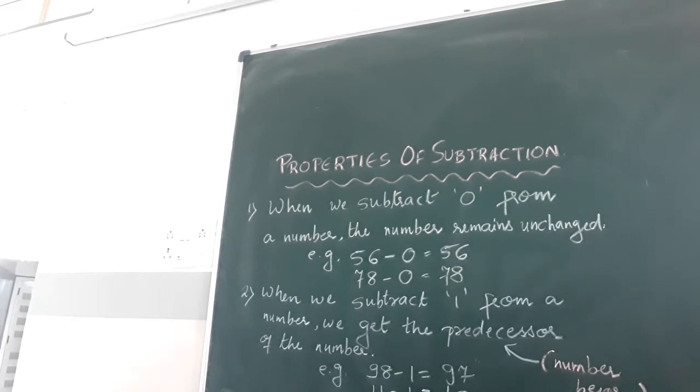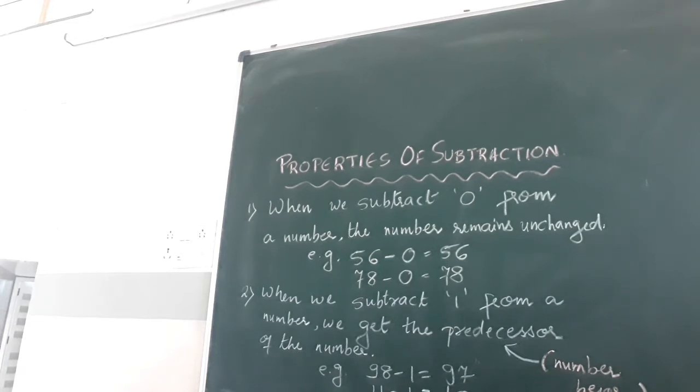Now let us see the next property of subtraction. When we subtract 1 from a number, we get the predecessor of the number. Now what does it mean by predecessor? Predecessor is the number before. So here 98 minus 1, you get the answer as 97.